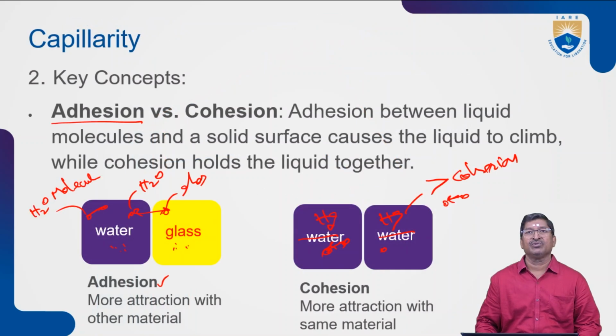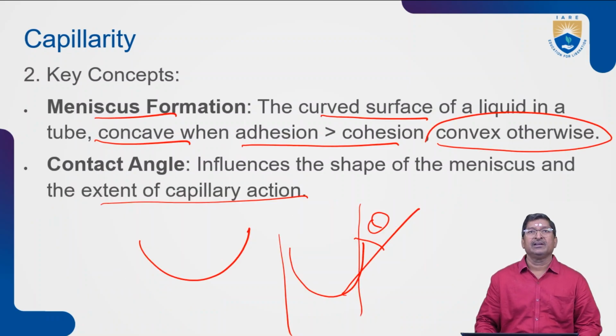Cohesion is the attraction between the same molecules, whereas attraction between different materials is called adhesion. And the contact angle is the angle between the surface tension force of the meniscus and the smaller tube pipe material.